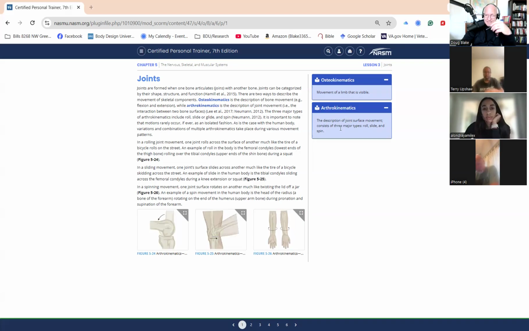Why? Because it's inside the joint where we see potential injuries occurring. Are y'all with me on that? Yes. As soon as I say the word injury or I use the phrase potential injury, we are right down where the rubber meets the road in exercise performance.